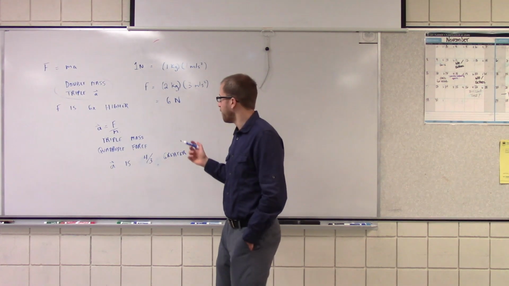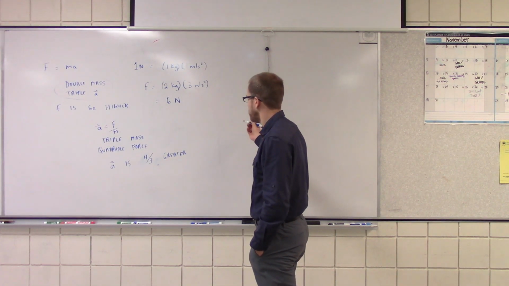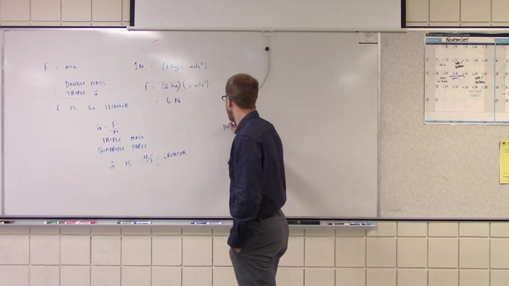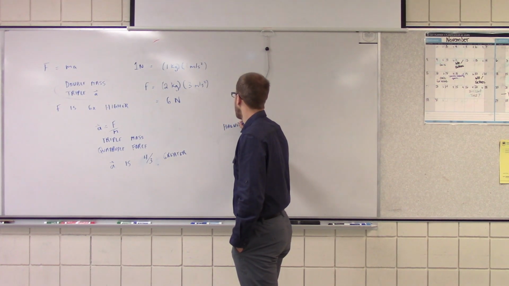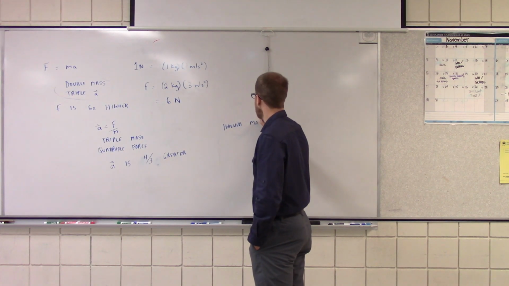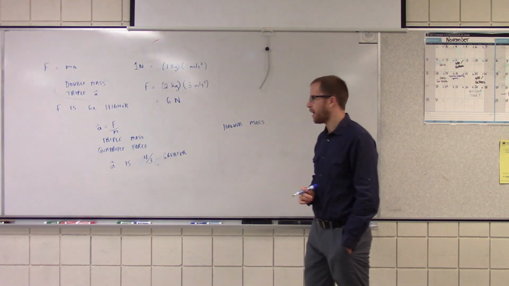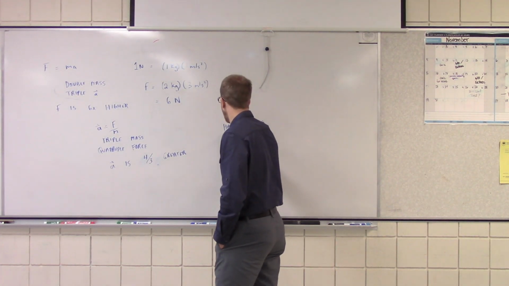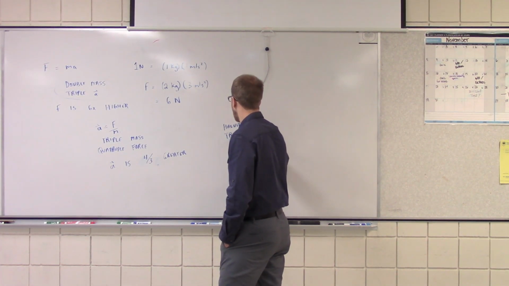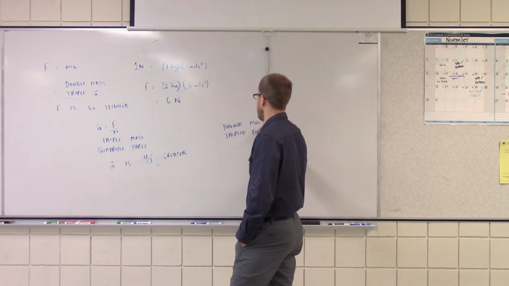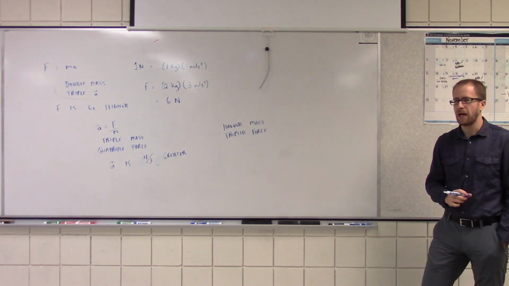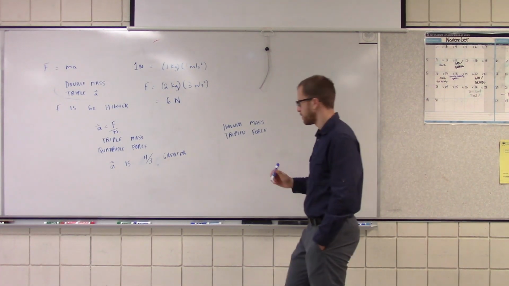So let's do another example. Let's say I halved my mass and I tripled my force. Half my mass and I tripled my force. What impact would that have on the acceleration of your object?